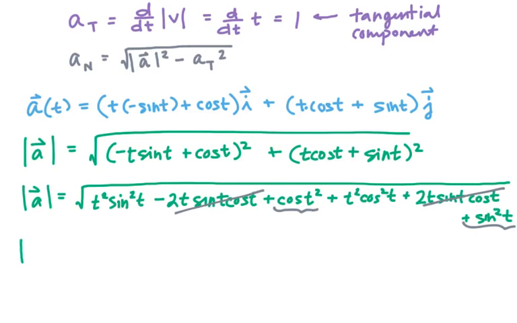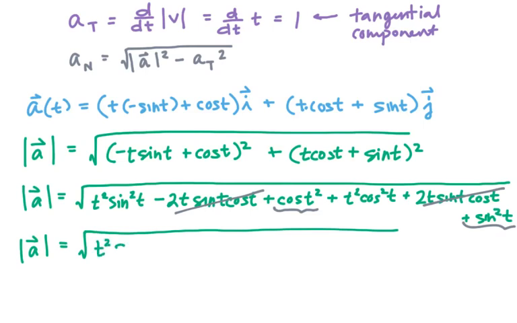So I'll just clean this up a little bit. Magnitude of a is the square root. I have t squared sine squared t plus t squared cosine squared t, and that's coming from this term, and then cosine squared plus sine squared is equal to 1 by the Pythagorean identity.